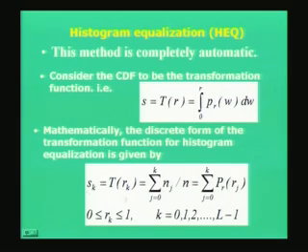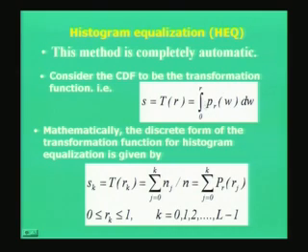So, s_k equal to T of r_k is the discrete form. k is an integer index running from 0 to L minus 1, for L different gray level values, r_k is normalized in the range 0 to 1, and s_k equals T of r_k is nothing but this summation, the sigma of P_R of r_j, with j running from 0 to k, which is nothing but this particular integral.